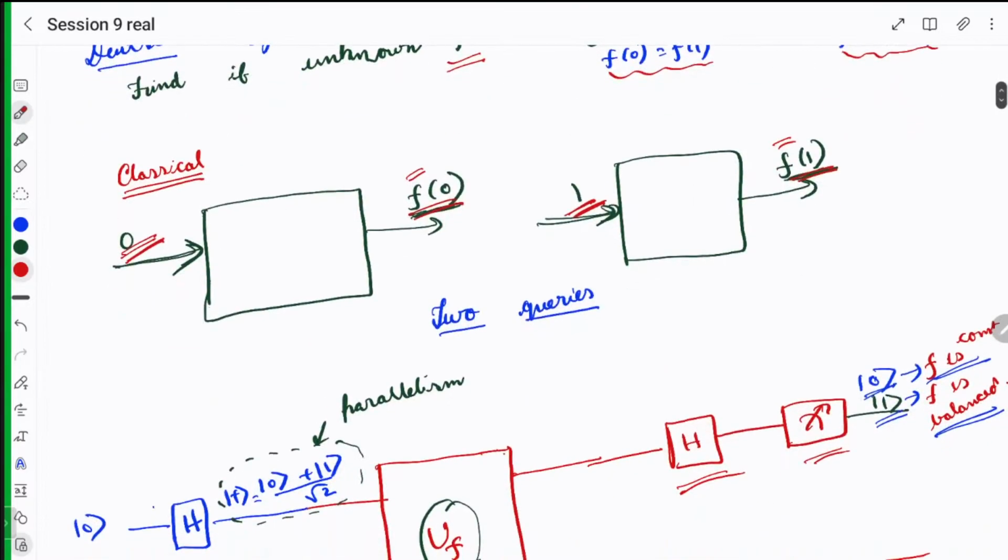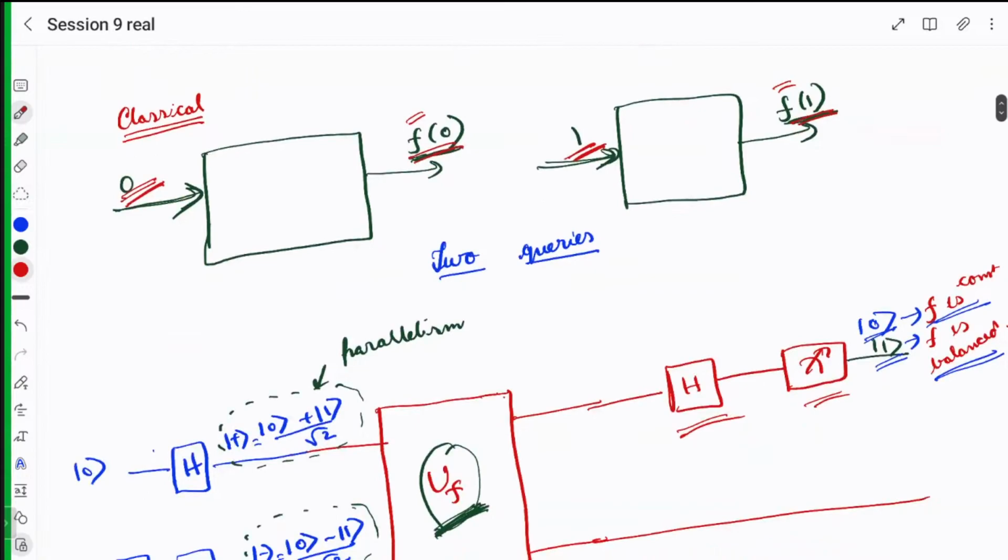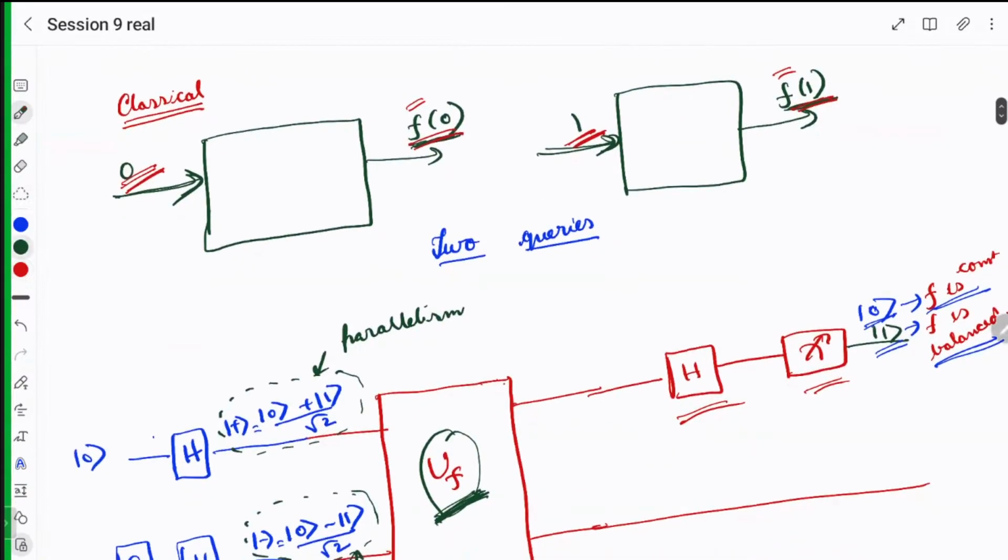And we saw that if we wanted to solve this problem classically, we had to choose an oracle, which is a black box which represents the unknown function f, and we would have to make two queries to the classical oracle in order to find whether it is constant or balanced.